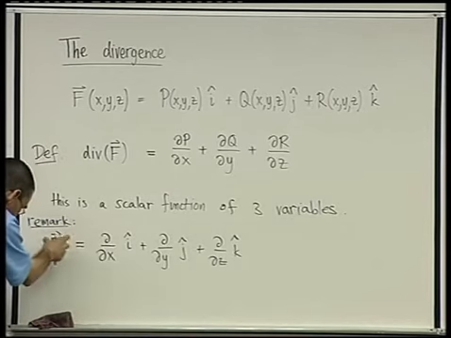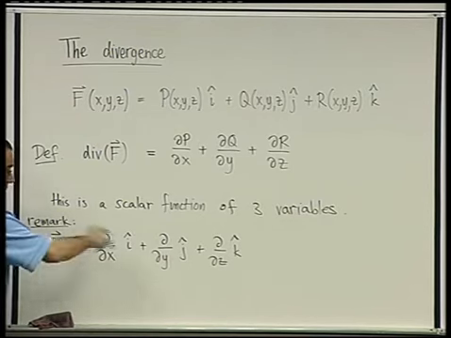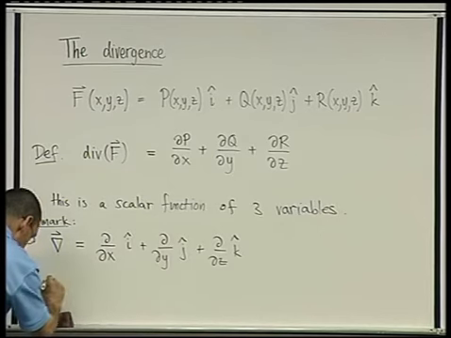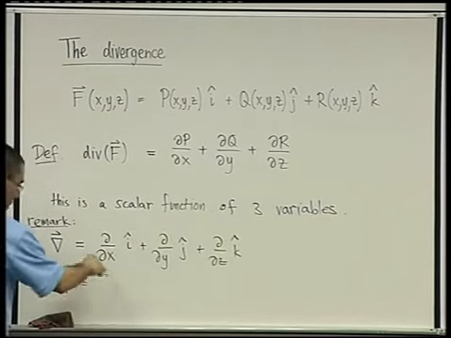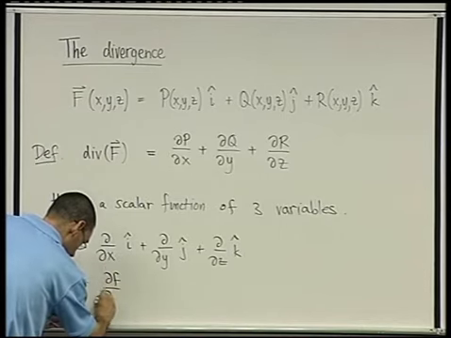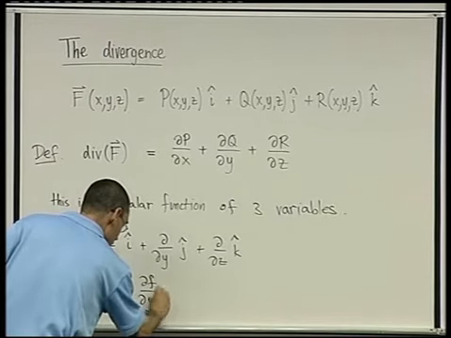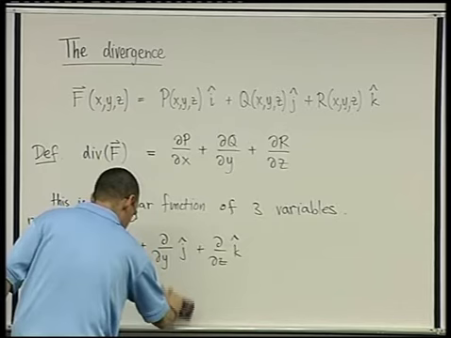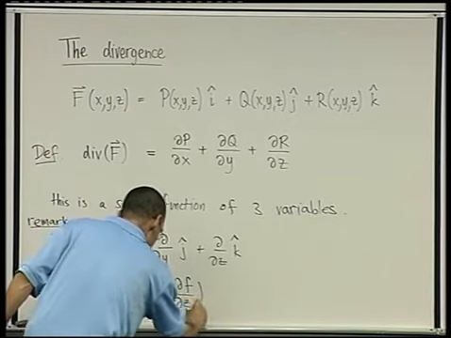But this is what this operator, that's the correct word to use for it, does. This is how it operates on a function. So if you take the gradient of a scalar function f, what you get is a vector: df/dx in the i component, df/dy in the j component, and df/dz in the k component.